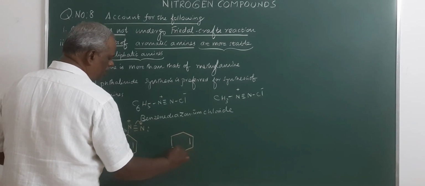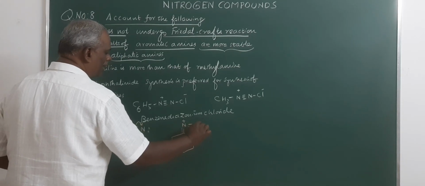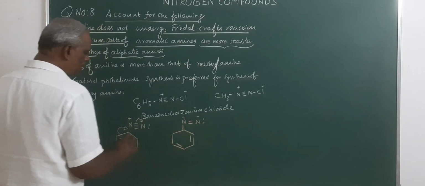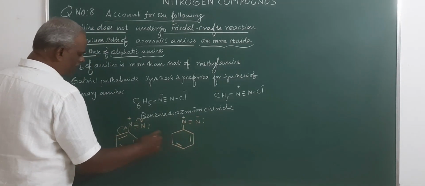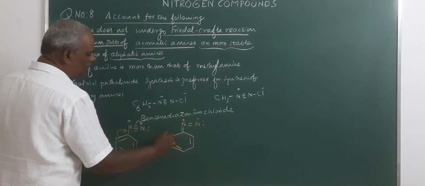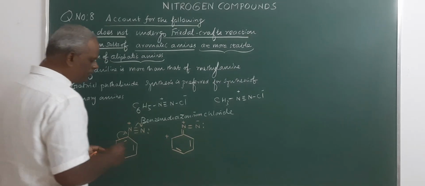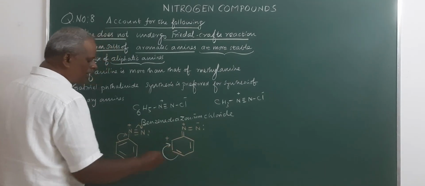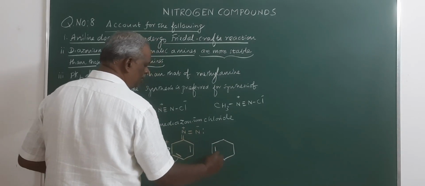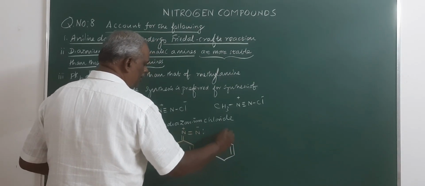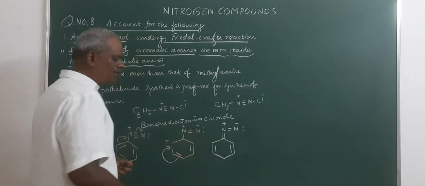What we are expecting here is a double bond, N plus, and here a double bond, with nitrogen carrying minus due to the breakup of the bond between these two. When you break this particular bond and the electrons migrate, this position carries plus. To compensate this positive charge, when the electron pair moves here, you can have the other resonance structure, N plus double bond N minus, with the additional pair of electrons.